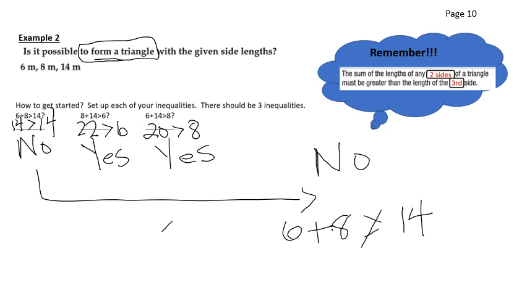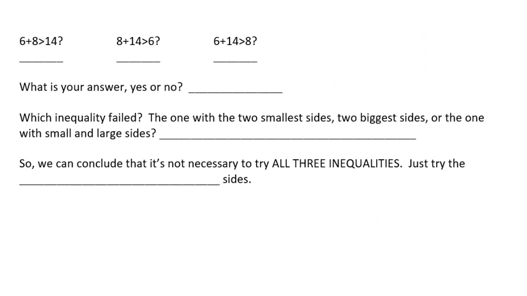That means we have a triangle that does something like this. Tiny, tiny, tiny gap. It comes very close to closing, but it doesn't close. So our answer is no.